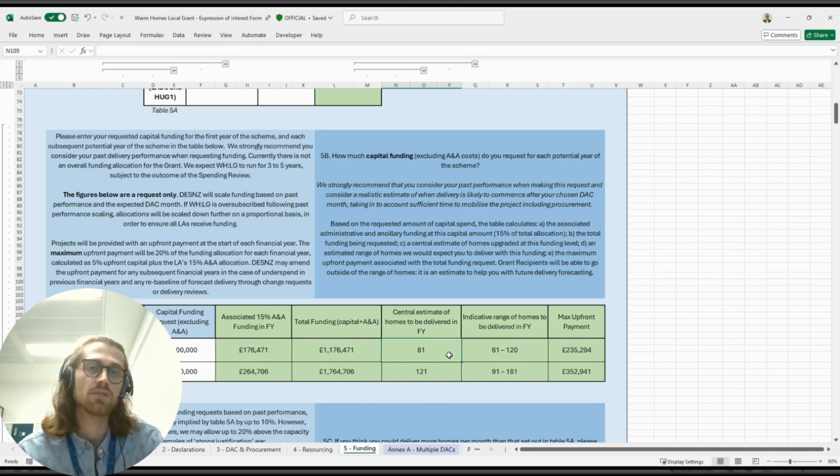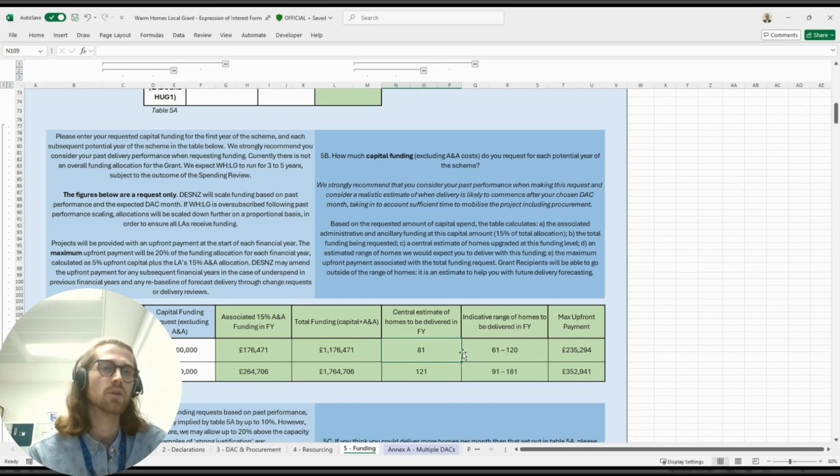This is just indicative, and you won't be held to it. You could spend more per home and therefore deliver fewer homes per financial year, or you could do the inverse and spend less per home and deliver more homes upgraded each financial year. So this is just purely to give you an indication of what we'd be expecting.